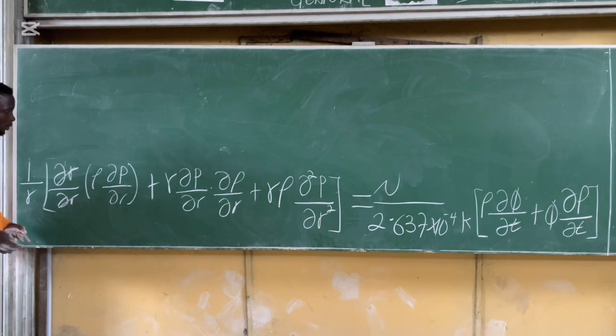So let's open this bracket with 1 all over r. If we do that, r over r will cancel out.